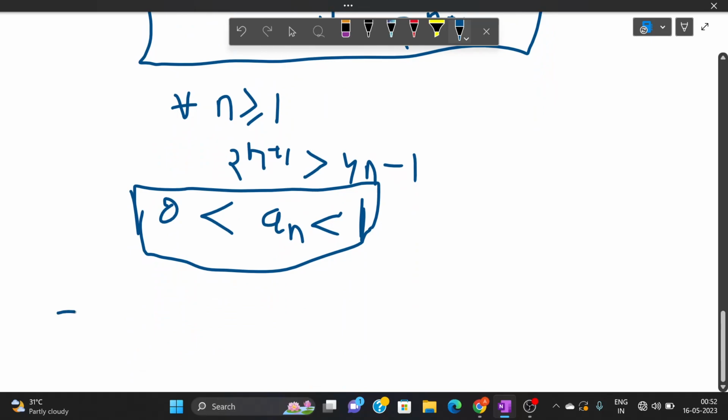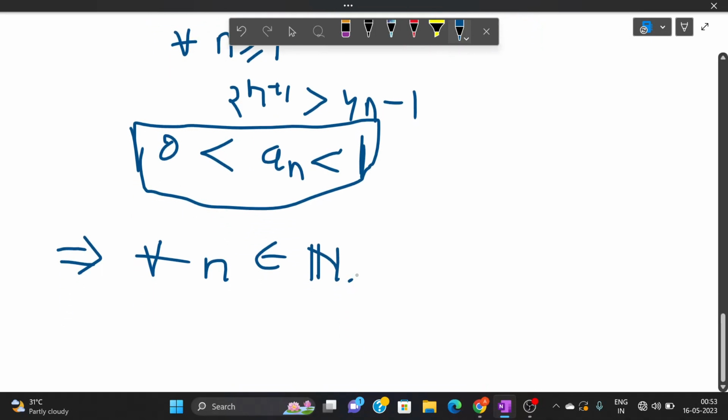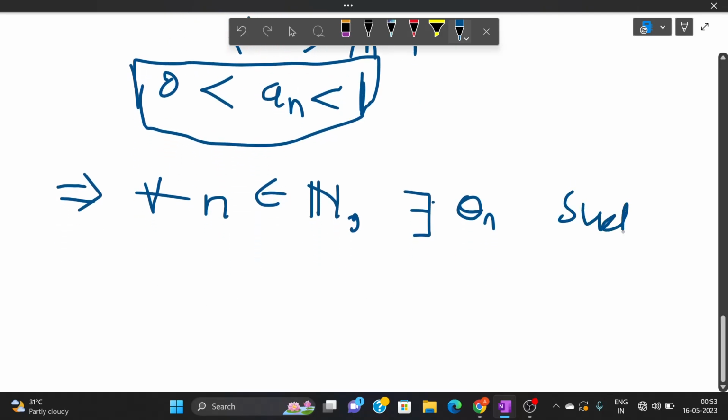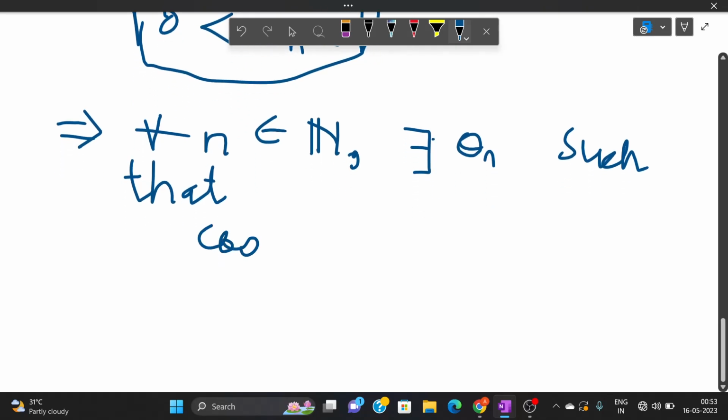So this implies that for all n belonging to natural numbers, there exists theta n such that cos theta n is equal to a n.